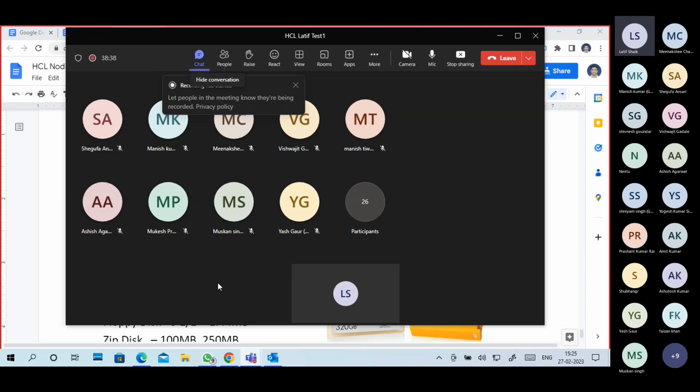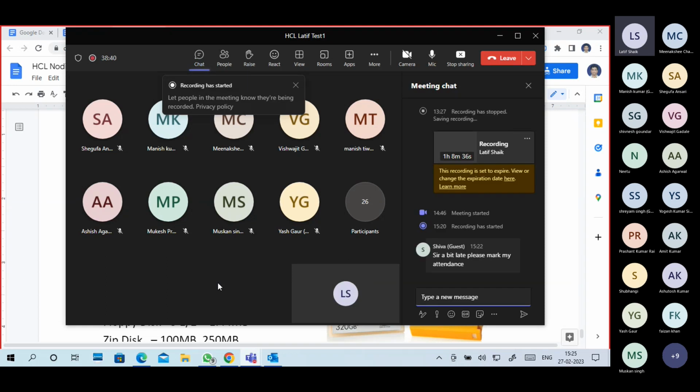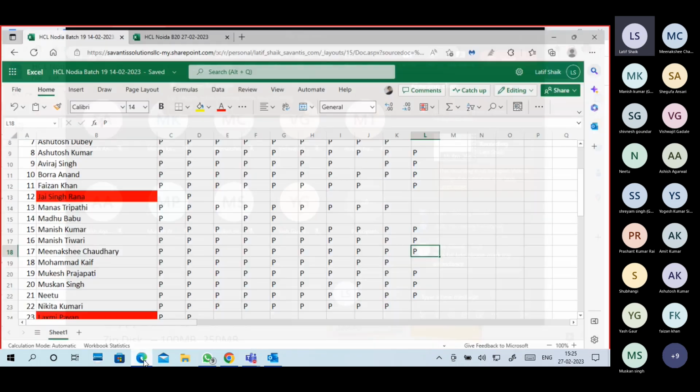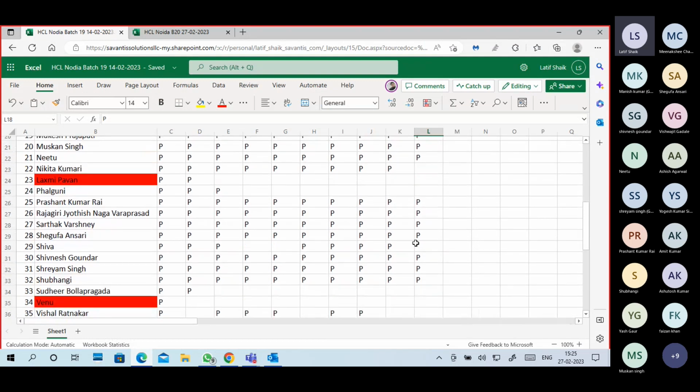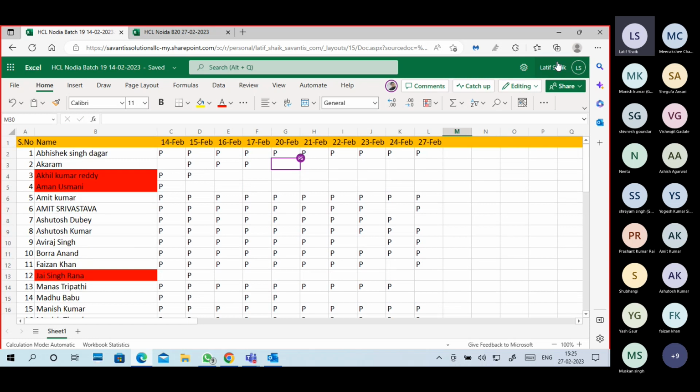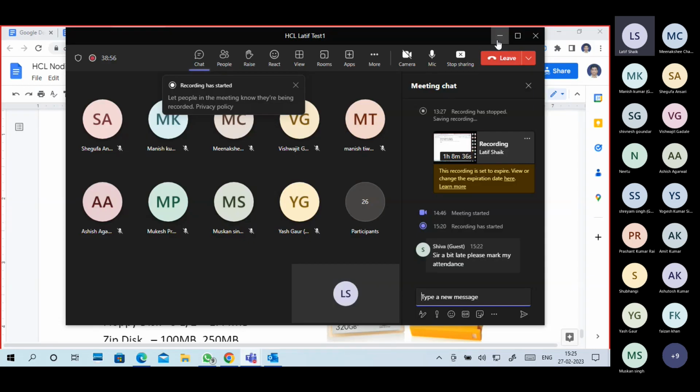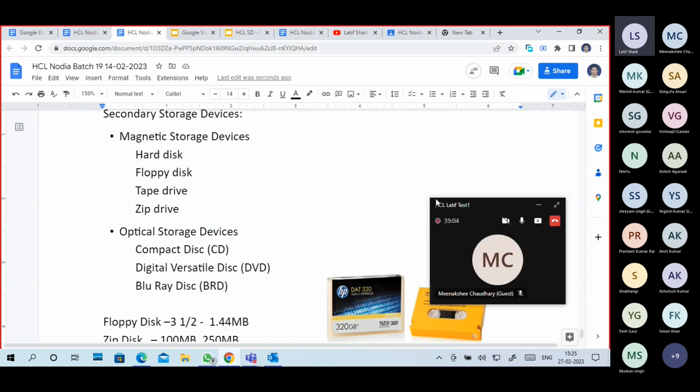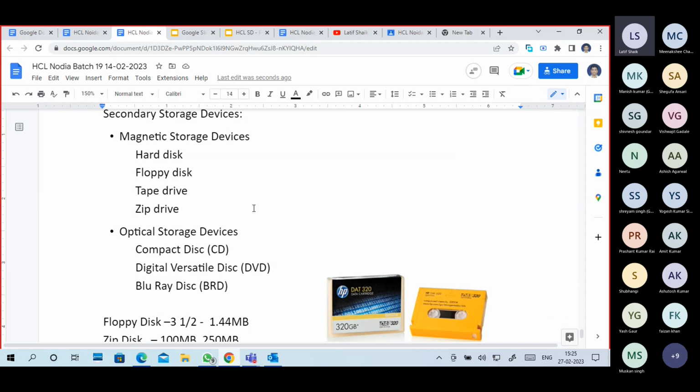RAM and ROM are primary storage devices. Your secondary storage devices are your hard disk, CD-ROM, floppy disk. Okay, all these things are secondary storage devices only.